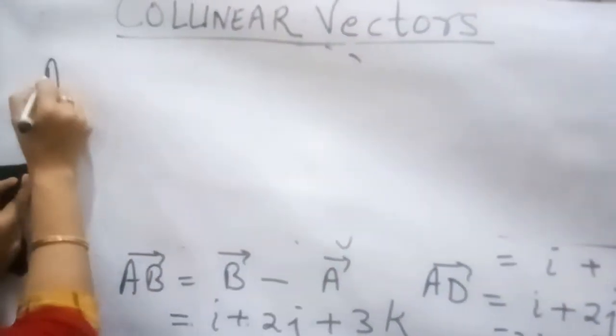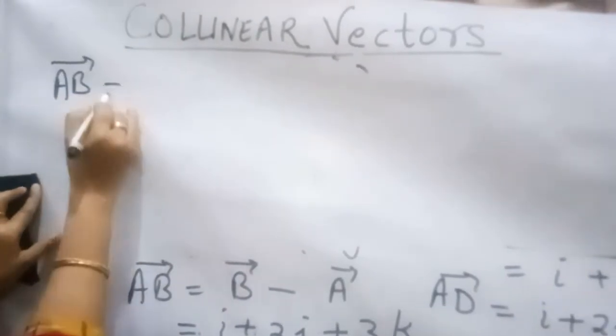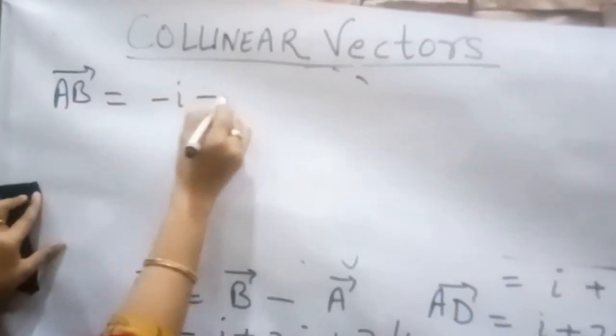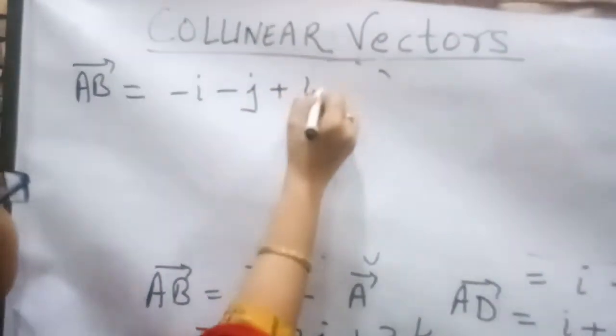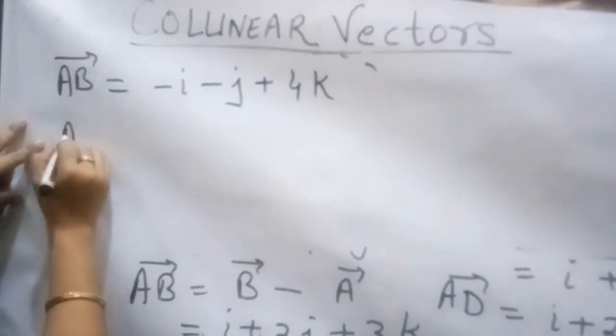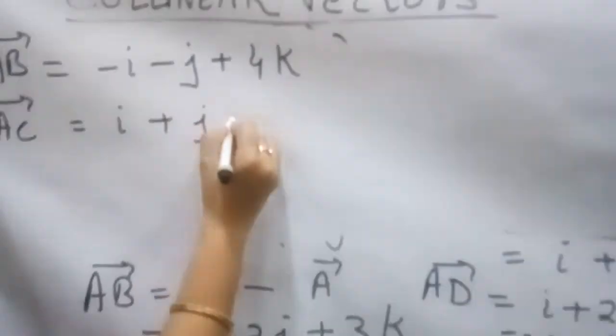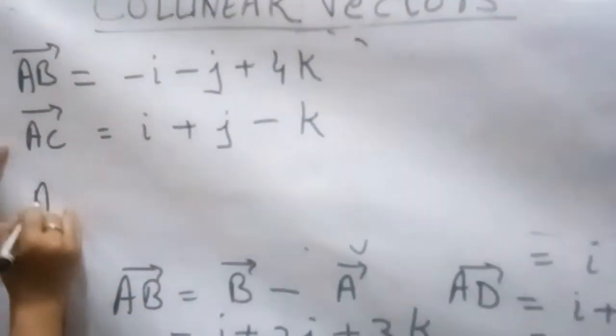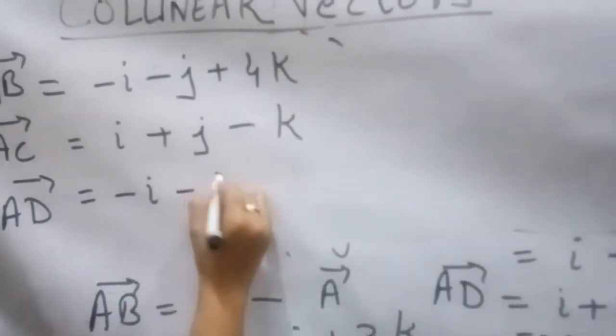Vector AB, we got minus i minus j plus 4k. Vector AC, we got i plus j minus k. And vector AD, we got minus i minus j plus 7k.